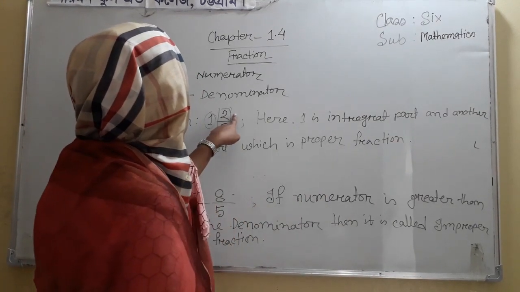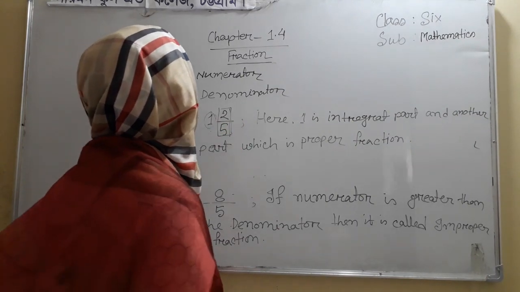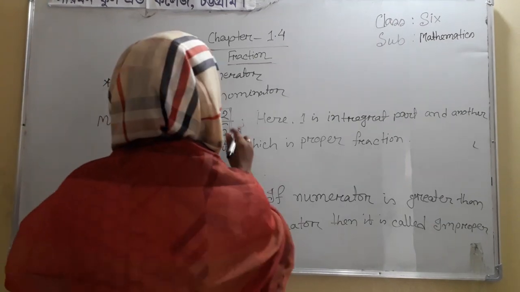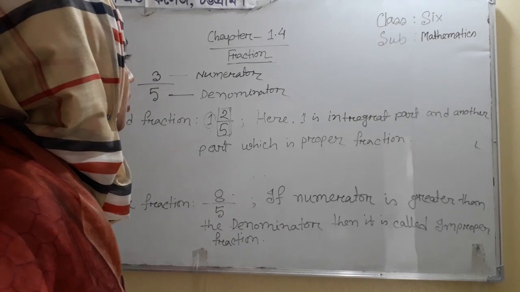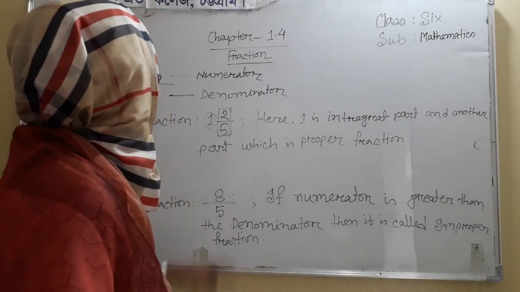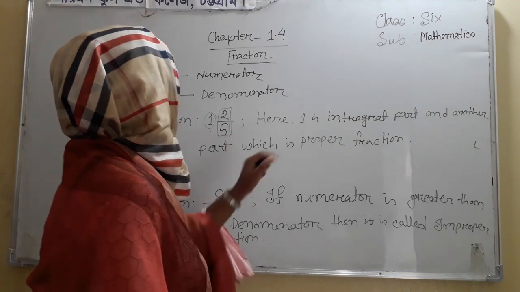Now we see that numerator is 2 and denominator is 5. That means this part is proper fraction and 1 is integral part. So this is called mixed fraction. Here 1 is integral part and another part is always proper fraction.